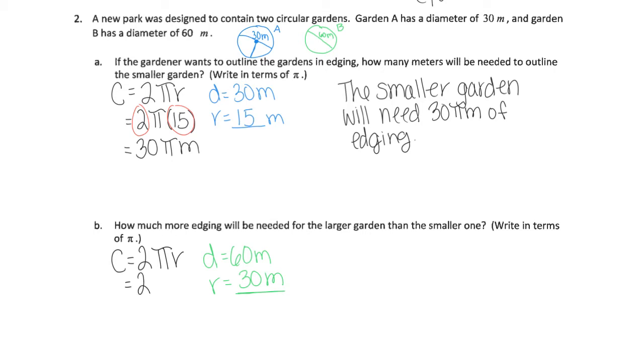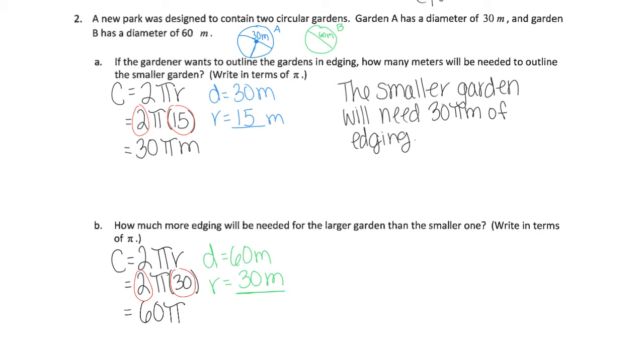So now I have 2 times pi times 30. Now, again, we are going to be combining like terms since we want to keep in terms of pi. So I'm going to have 2 times 30, and 2 times 30 is going to give us 60, and so we're left with 60 pi.